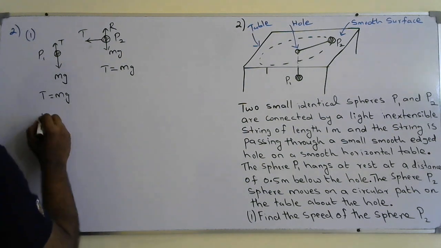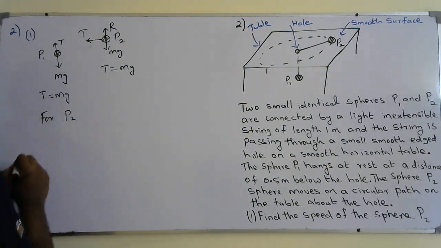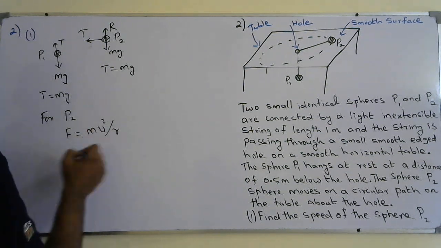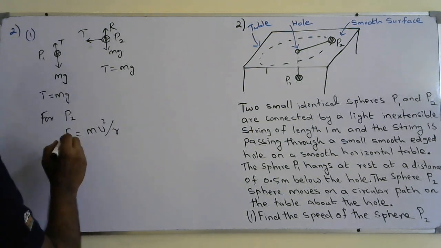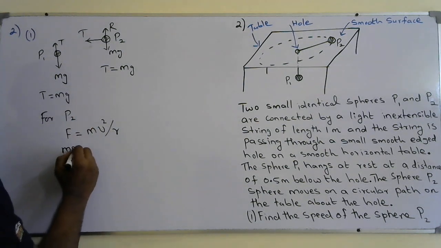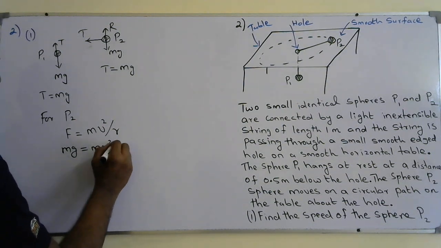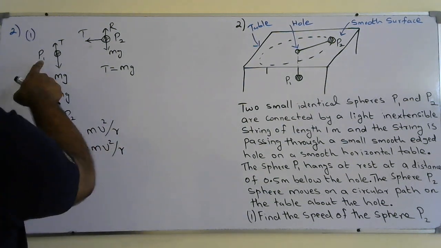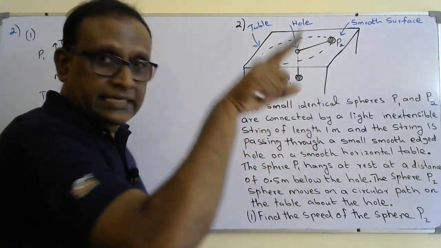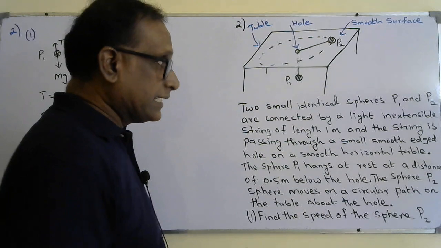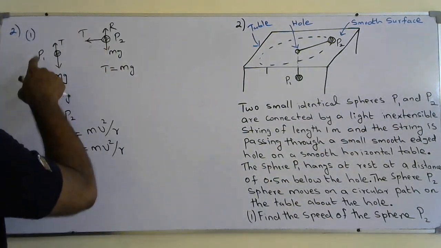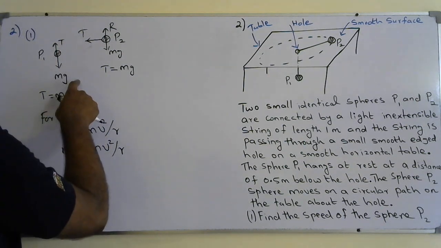For P2, the centripetal force F equals mv squared over r, and F is the tension T, so T equals mg, giving mg equals mv squared over r. The same string passes through the hole, so the same tension acts at both ends. The string has no weight, since it is a light string.